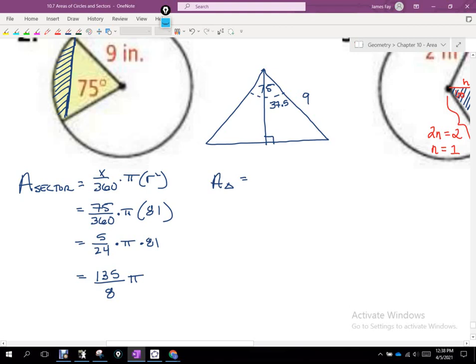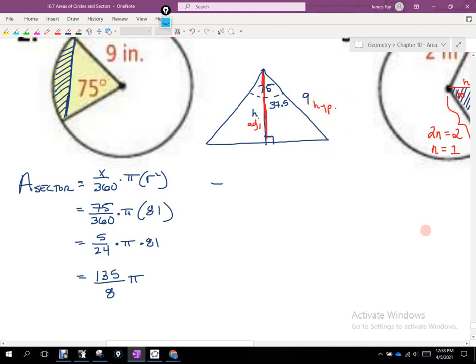Okay, so in that case, we have to use what to find H and B? You've got to use SOHCAHTOA. Now, H would be what side to this 37.5? Okay, H is the adjacent to that 37.5, so that's the adjacent, and 9 would be the hypotenuse.